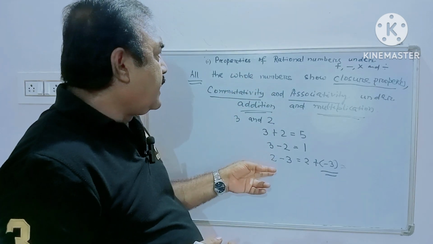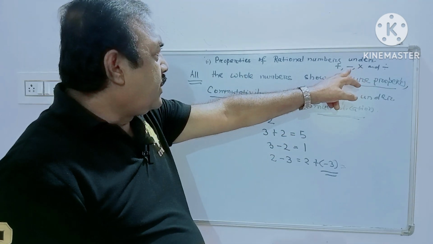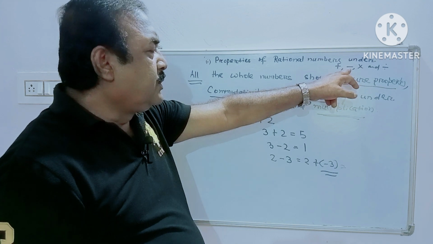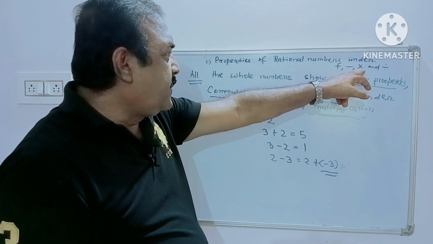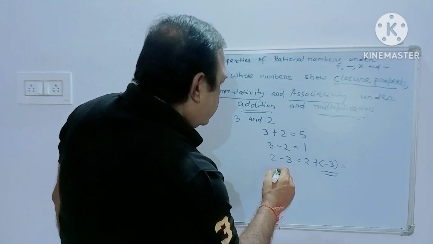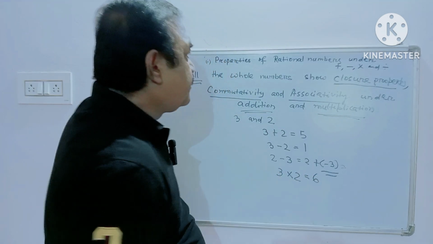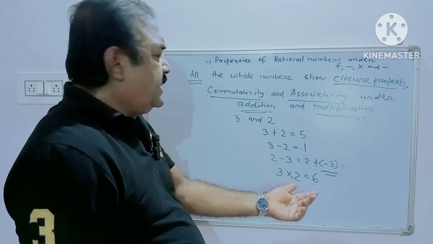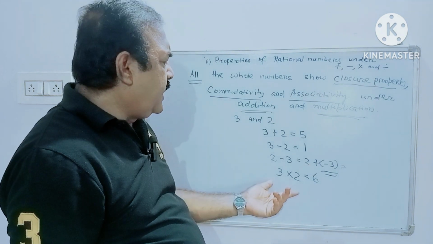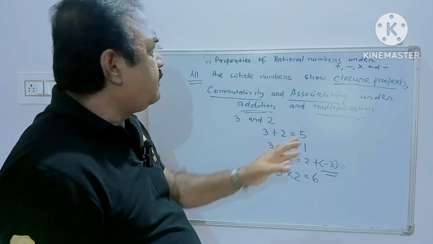Then come to multiplication. 3 multiplied by 2 is equal to 6, or 2 into 3 is equal to 6. In any order you multiply, the product remains the same.